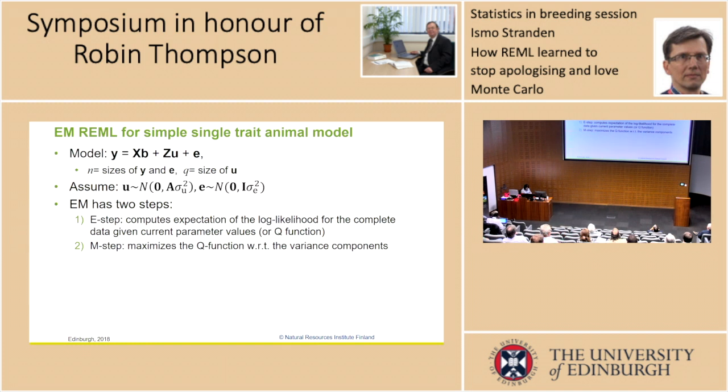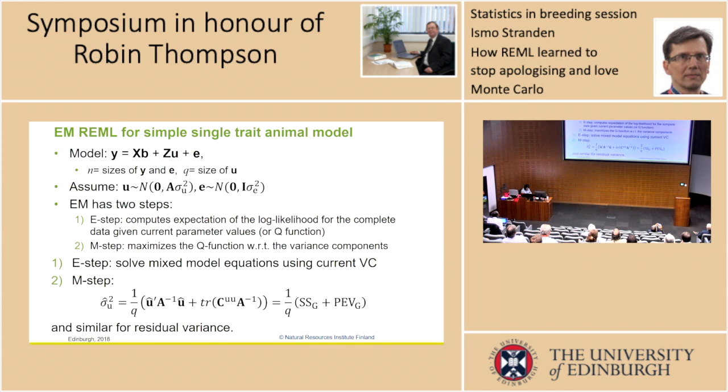And EM has 2 steps. The E step, the expectation step, computes the expectation of the log likelihood for the complete data given the current parameter values, the variance components. And then we have the M step for maximizing the Q function with respect to the variance components.